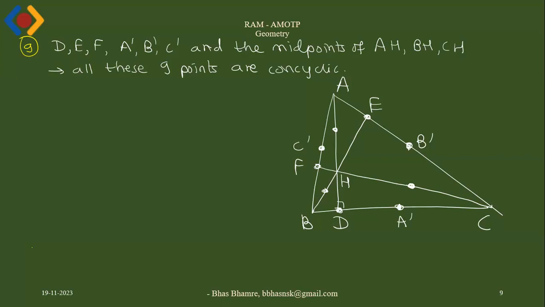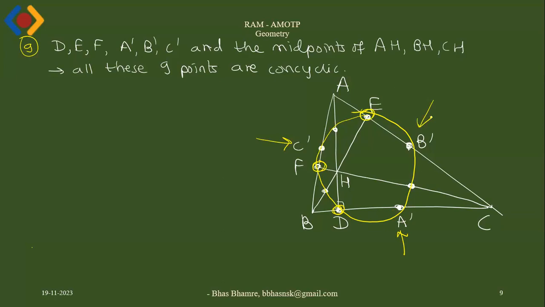So what result was there? Suppose the circle DEF cuts the sides of the triangle again in A prime, B prime, C prime, then AA', BB', CC' are concurrent if AD, BE, CF are concurrent.